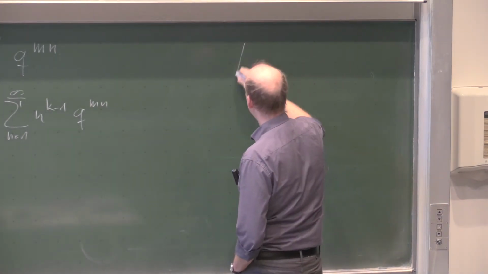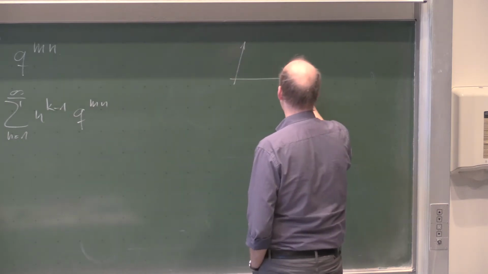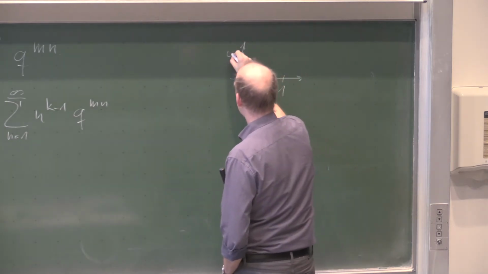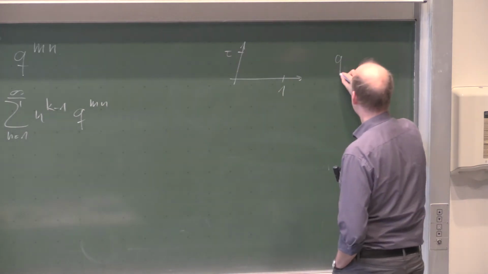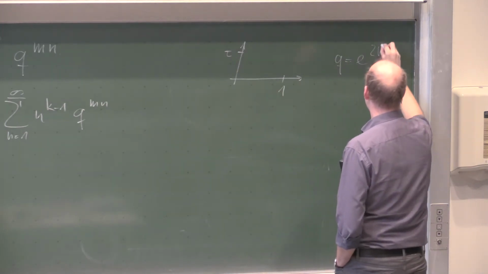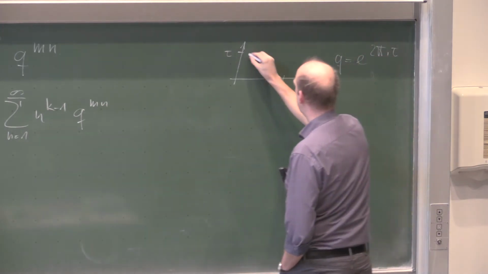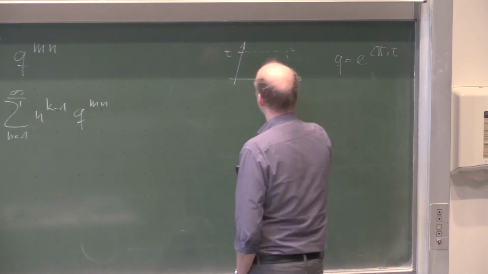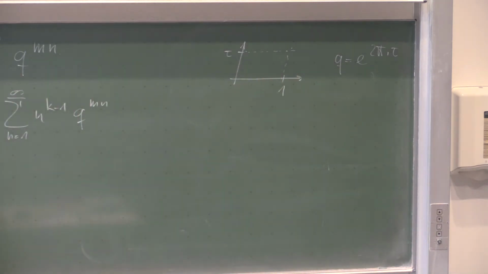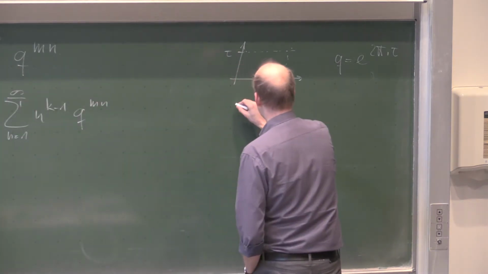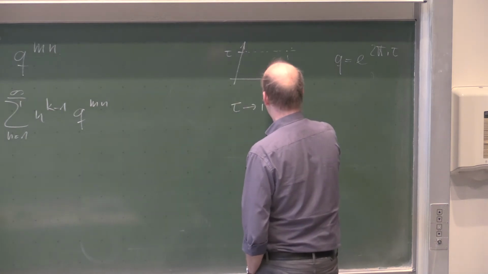So in short, if we have the elliptic domain with q equal to e to the 2 pi i tau, we'll be able to identify the piece here by taking the limit tau goes to i infinity. What happens for tau goes to i infinity?